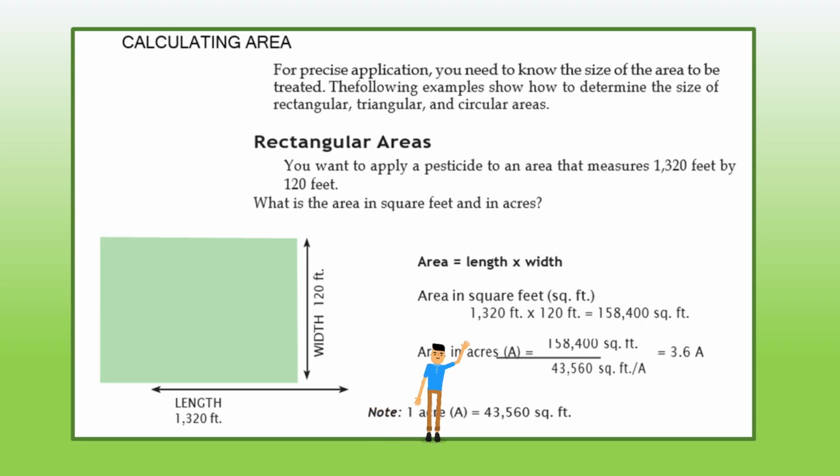The area in acres is going to be the total square feet divided by the square footage of an acre. So in this case, it's going to be 158,400 square feet divided by 43,560 square feet, equaling a total of 3.6 acres.